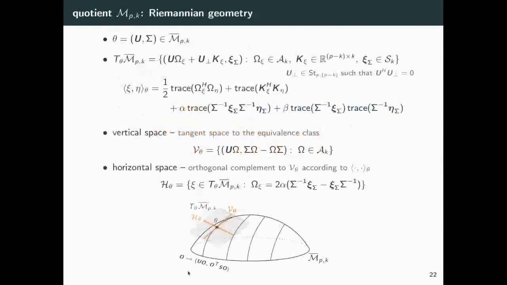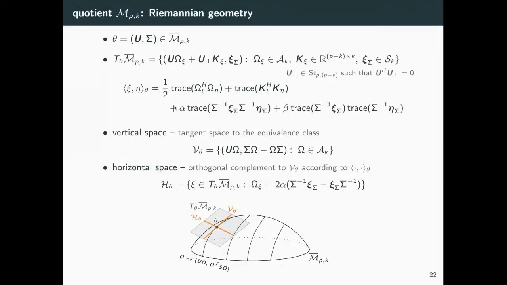So what we can do is then look at the Riemannian geometry of our quotient. So to do that, we consider the geometry of the embedding space, so the product manifold of Stiefel with positive definite matrices. So we have this formula here for the tangent space.